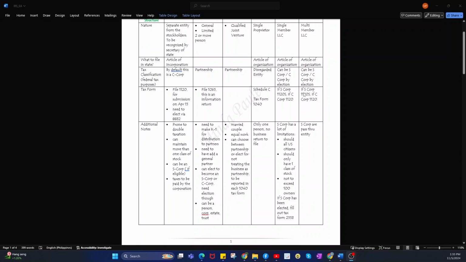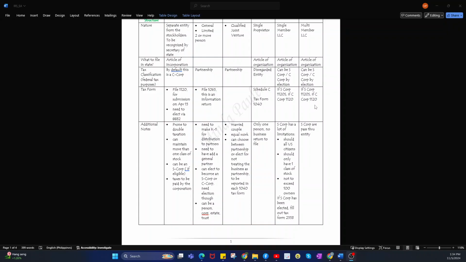So just to repeat, for S Corp, they have to fill out 1120S, but if it's a C Corp, they have to fill out 1120. If you opted for a C Corp, then you have to file the corresponding tax for this LLC.